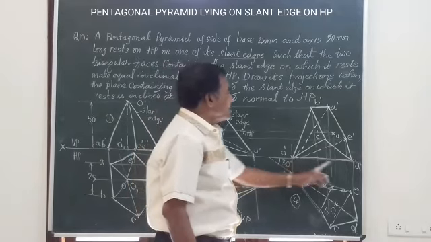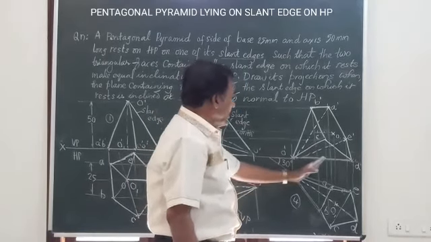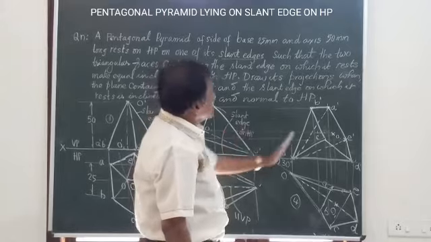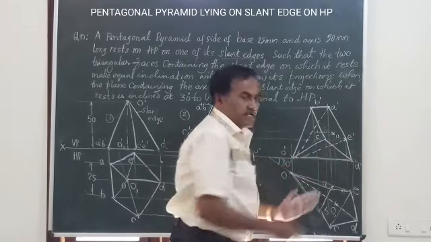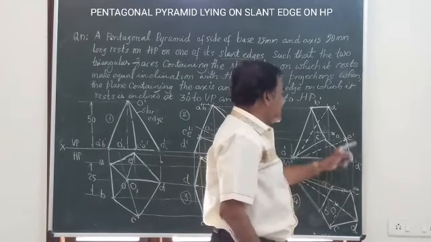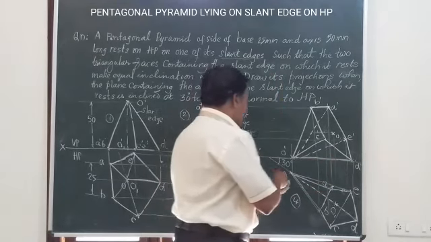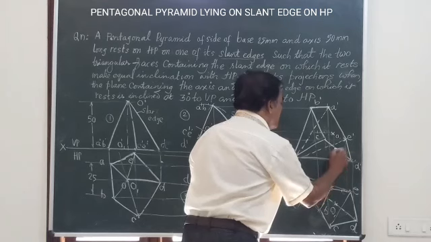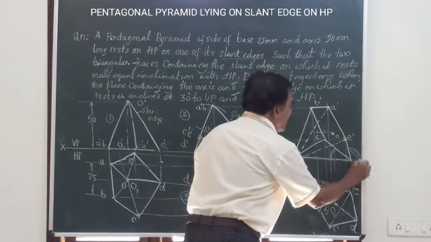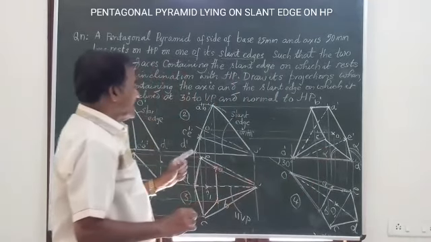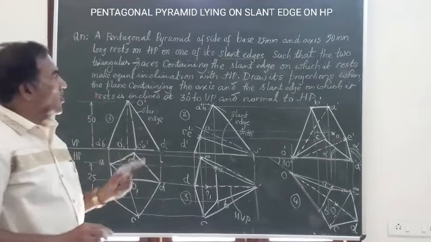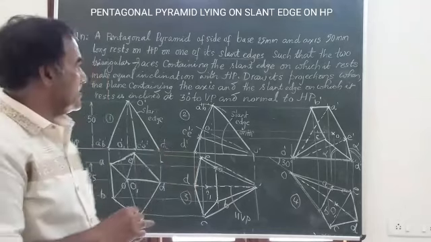The slant edge is O dash D dash or OD. The 2 triangular faces containing that are O dash D dash C dash is one triangle, O dash D dash E dash is other triangle, and if you just observe they are making equal angle, say alpha with HP. So this solution is giving all the requirements that are asked in the question.